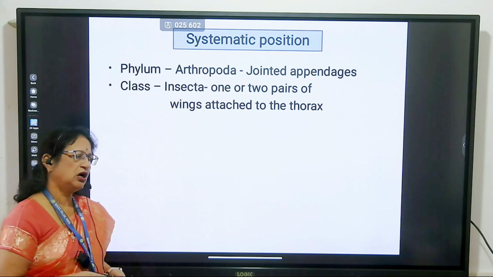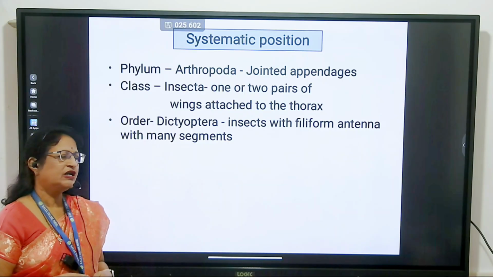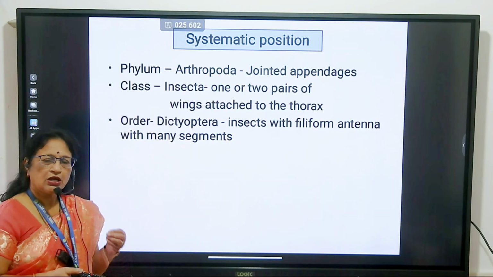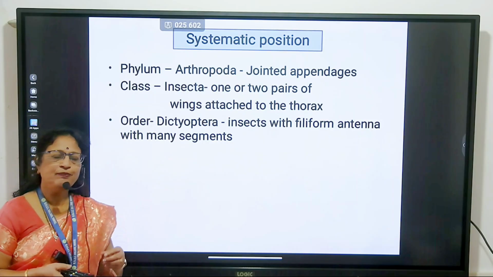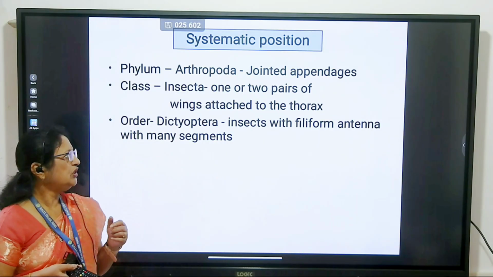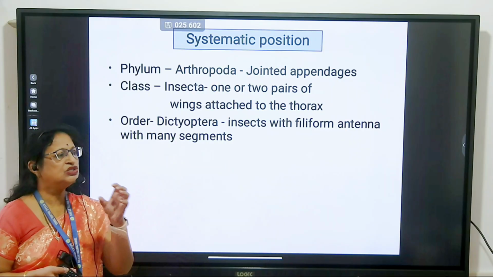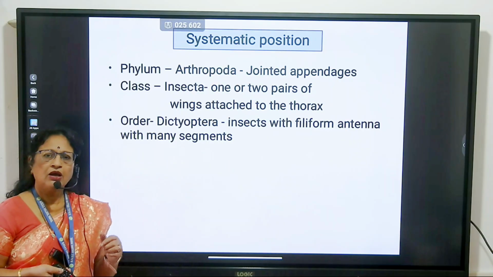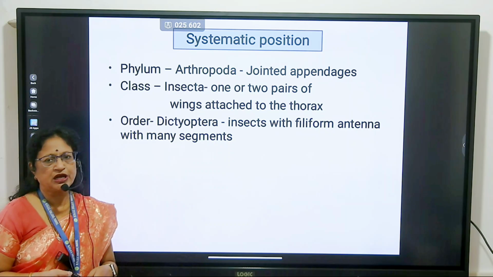Then the order is Dictyoptera because the insects have a filiform antenna with many segments. This antenna is also jointed, and so the order becomes Dictyoptera.